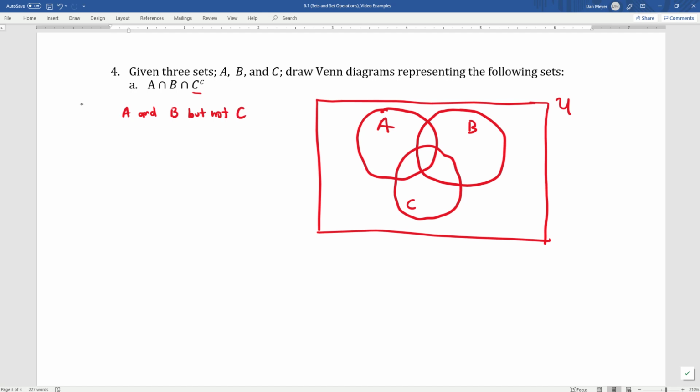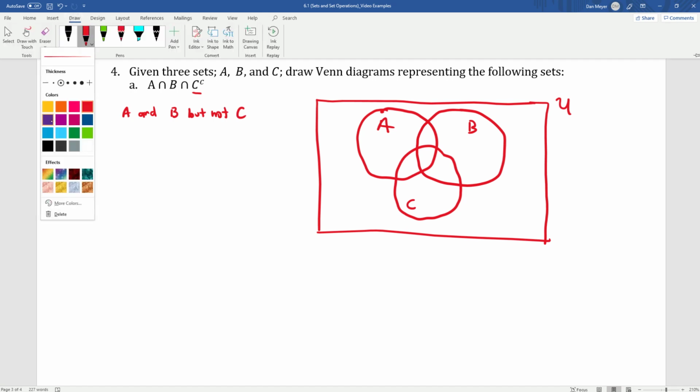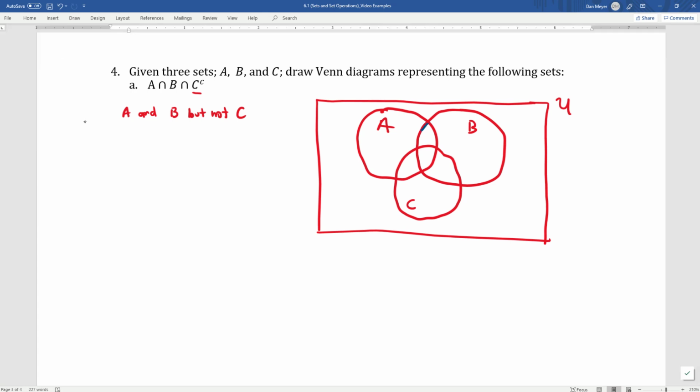All right, now the A and B part is this football shape. So we got our A and B part, and then the but not C. We want to throw away the part of this football that overlaps with C. This is the part that overlaps with C. We want to get rid of that.